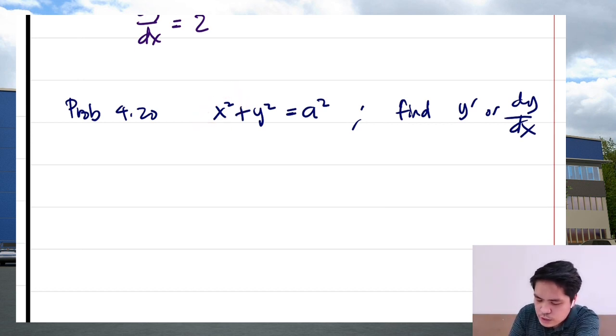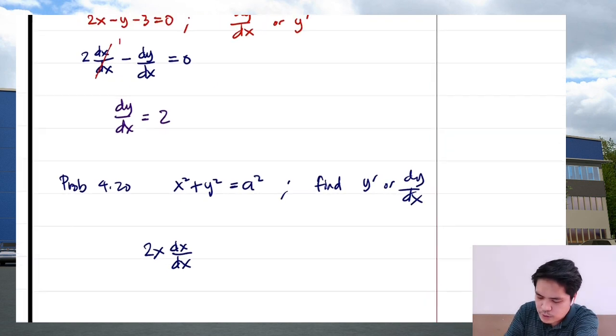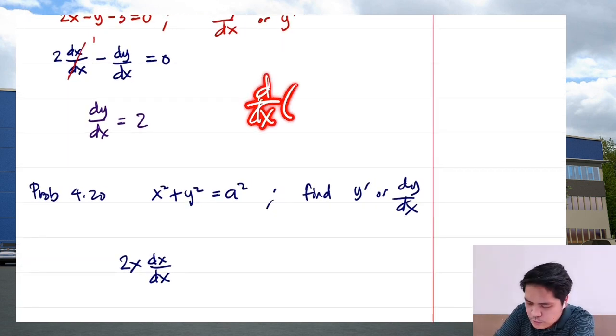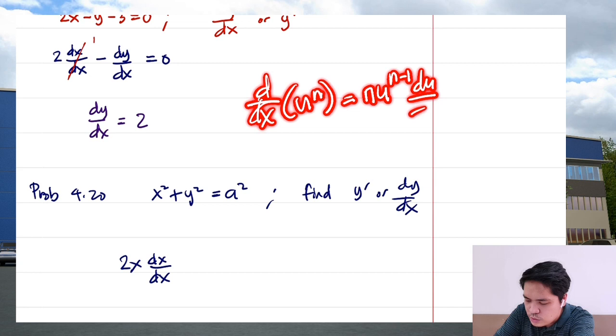What is the derivative of x squared? General power rule. So we'll get 2x raised to 1, right? The derivative of this is 2x raised to 1 times the derivative of x with respect to x. Why is that? That is from the derivative of u raised to n. The result is just n times u raised to n minus 1 times du over dx.